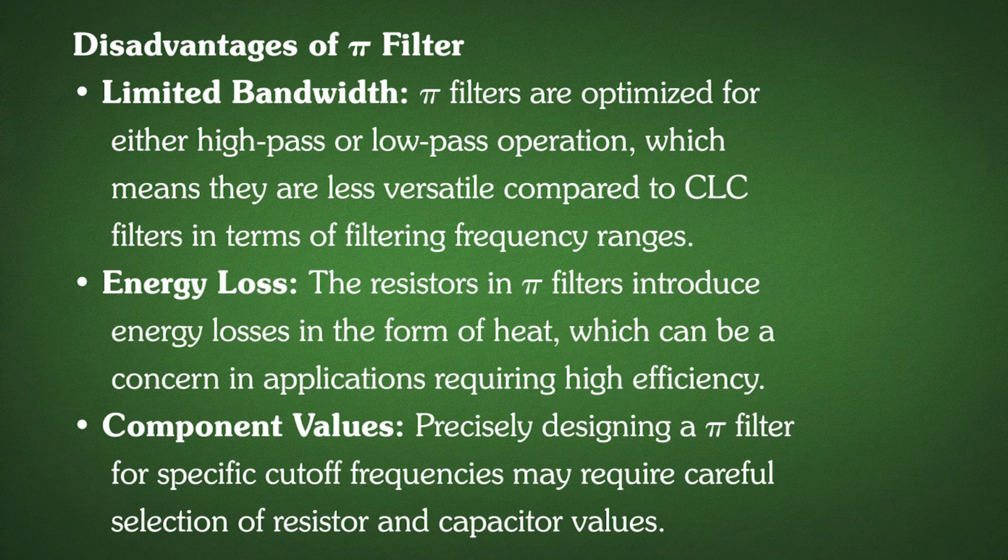The resistors in pi filters introduce energy losses in the form of heat, which can be a concern in applications requiring high efficiency. The next disadvantage is component values. Precisely designing a pi filter for a specific cutoff frequency may require careful selection of resistor and capacitor values.